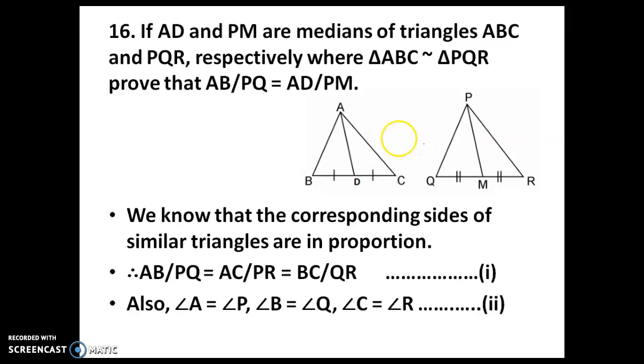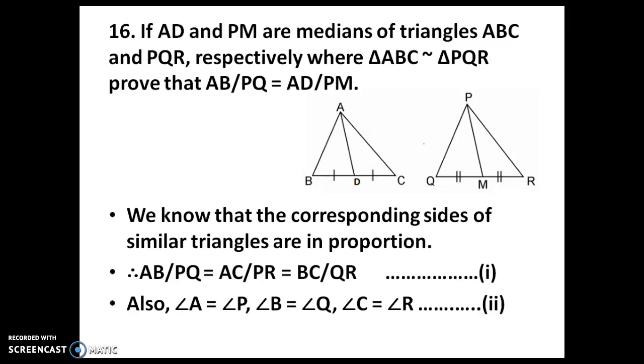Now we have to prove that these two sides are proportional, AB by PQ and AD by PM. That is, this first half triangle and this half triangle are similar, because AD and PM are the medians of the triangles. We have to prove that these half triangles are similar, then the sides are proportional.